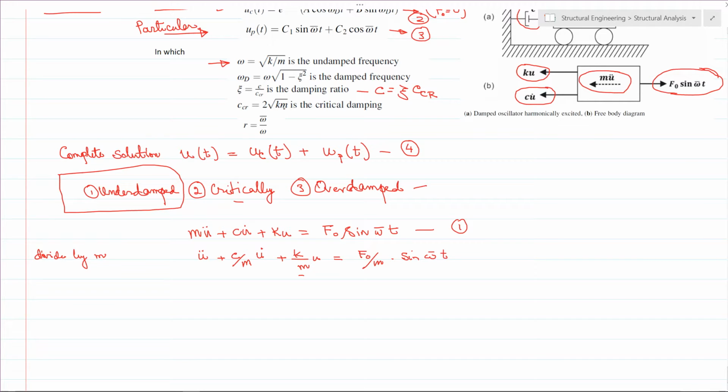So a little mathematics will give me c is equals to 2 times m into omega into xc. A little mathematics can do that. No need to repeat this one.